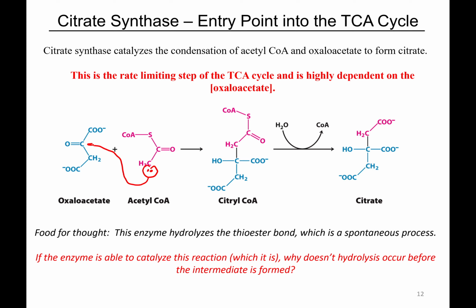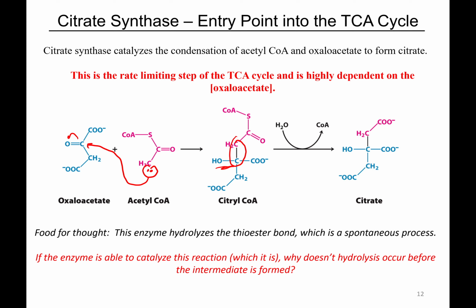It attacks at the alpha ketone of oxaloacetate. We pick up a proton. We make this intermediate where we have an alpha alcohol. In this case, it's actually a beta alcohol. But we make the alcohol equivalent of it, and we formed a new bond between acetyl-CoA and oxaloacetate. So we've gone from a 4-carbon oxaloacetate to a 6-carbon citryl-CoA.